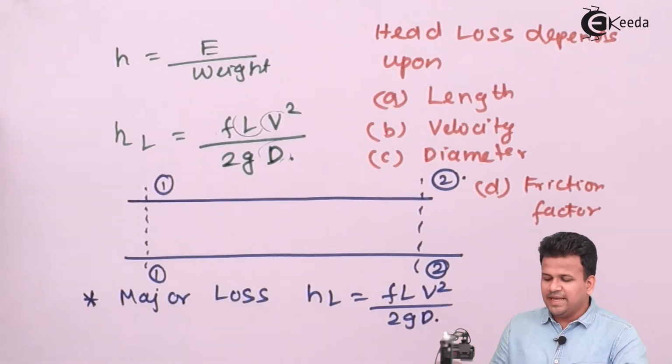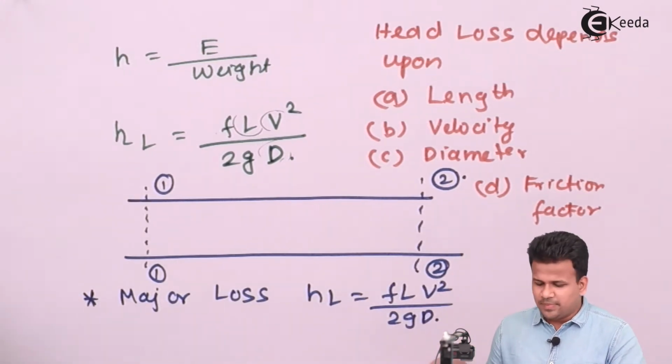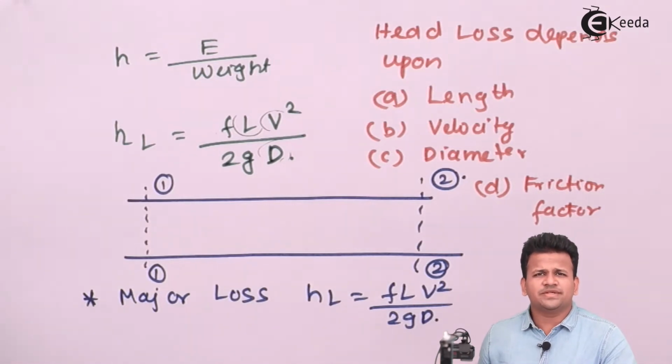Now, this will be in every pipe possible. If the pipe is very small, of the order of 10 raised to minus 3 meters, that is approximately 1 millimeter pipe diameter length, then the minor losses are greater than the major losses.